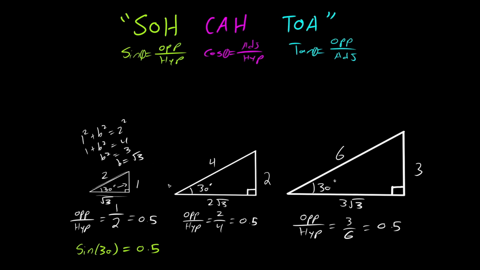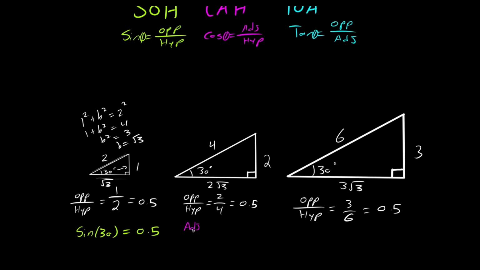Okay. Now let's find the adjacent to the hypotenuse. Well, for here, the adjacent side is right here, right next to the angle, to the hypotenuse. So that's just square root 3 over 2. Let's do the same for out here. The adjacent side, which is 2 square root 3, divided by the hypotenuse, which is 4, you can cancel to make it square root 3 over 2.